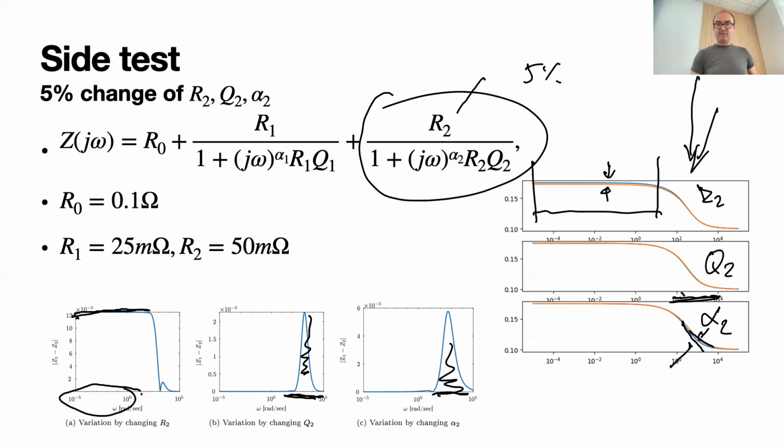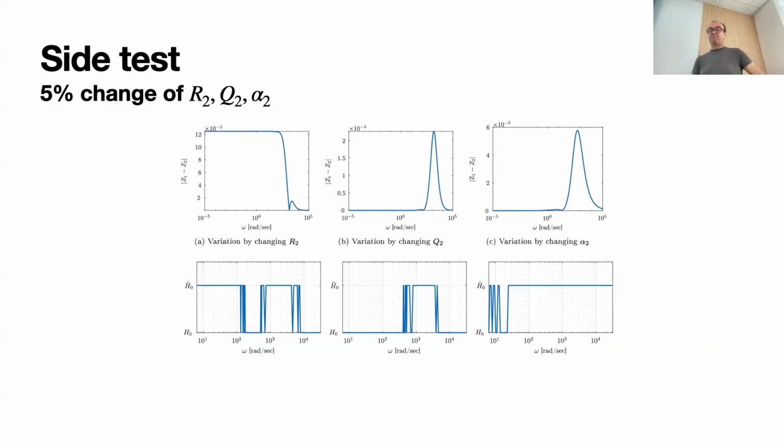So these are the actual p-values that I was plotting here, and these are the intervals where we can reject the null hypothesis and the intervals where we cannot reject the null hypothesis. So it says here that we can reject it.